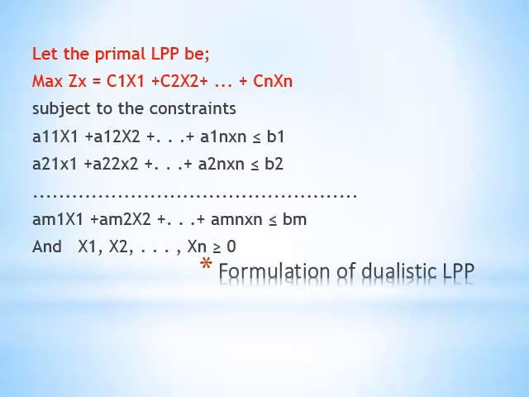C1, C2 and Cn, in case of maximization, refer to the profit of 1 unit of x1, x2, xn.